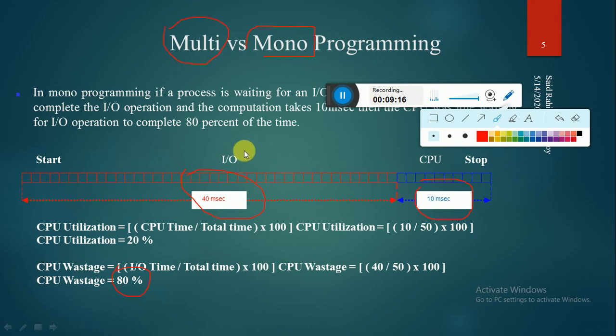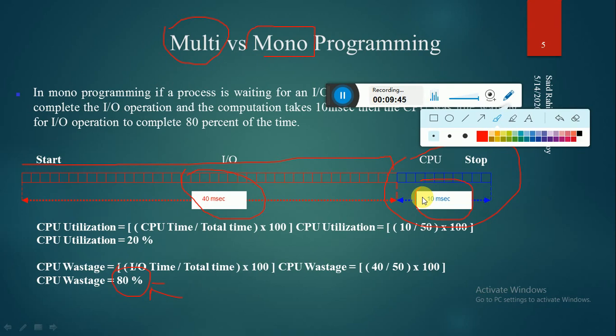You see that for a single program 80% time of a CPU is wasted. Let's look at it a little bit logically. From this point all the way to this point, the CPU is doing nothing. This CPU is idle. This is why we call this time a wasted time, because the time of a CPU is very precious to us.